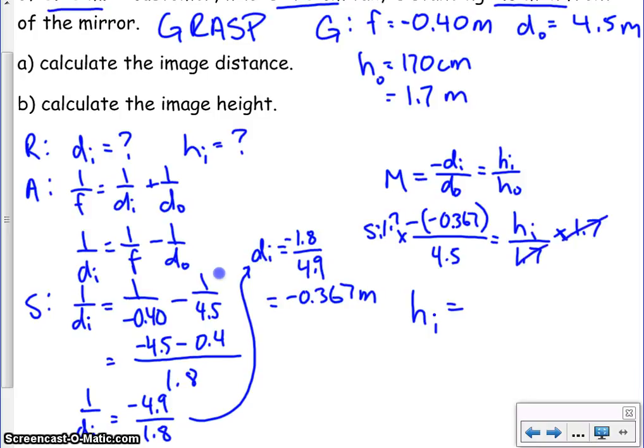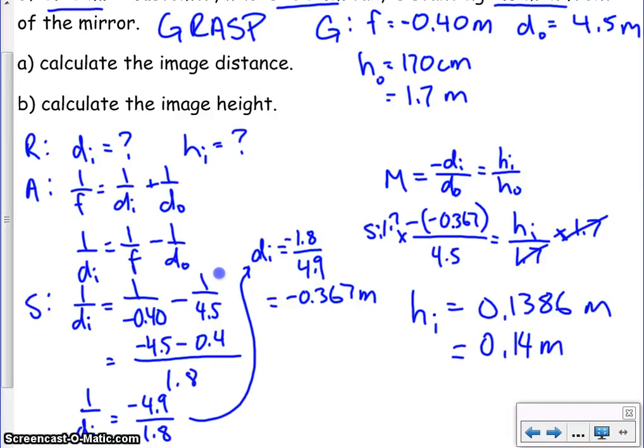This cancels out, and hi is going to equal 0.1386 meters.